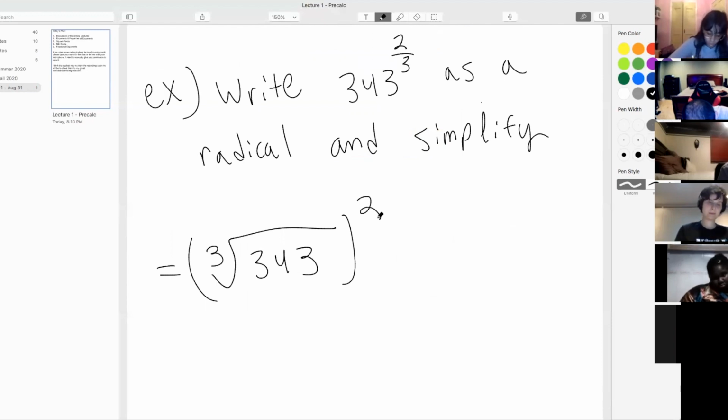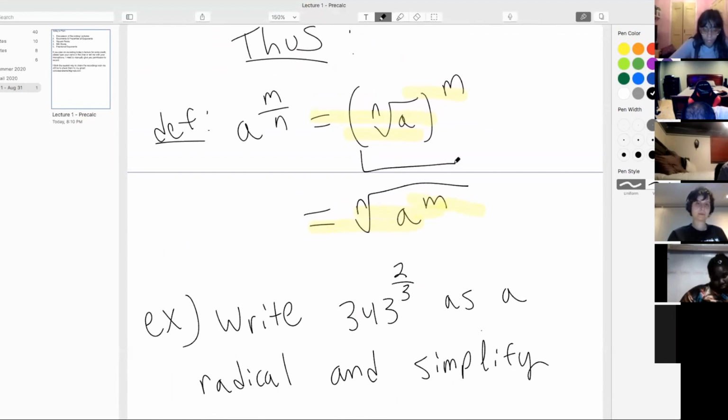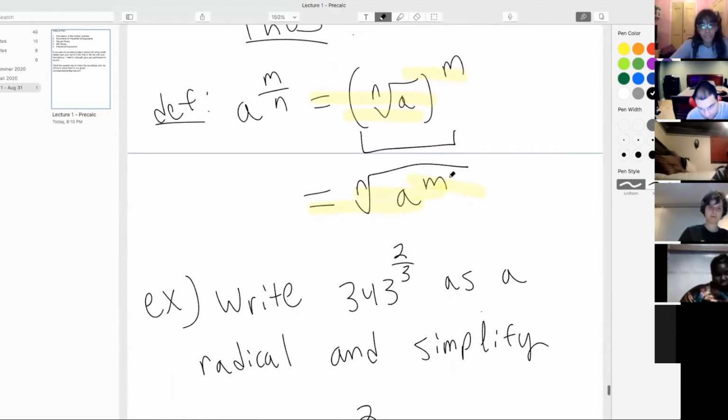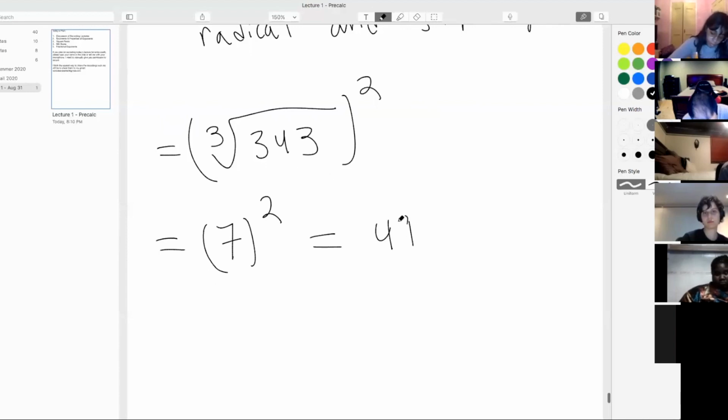I'm using definition 1. This is not bad, because the parentheses is just 7, so that's 7 squared, because 7 to the 3rd power is 343. This is just 49.